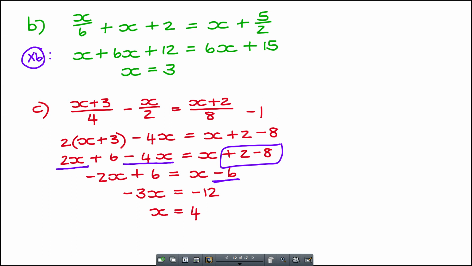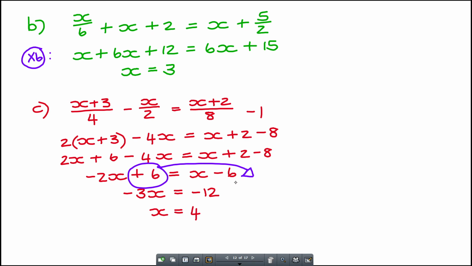Okay, then from there, I took unknowns to the left, so this one has got to move over. So it's going to become minus x. And so minus 2x minus another x gave me minus 3x. Okay. Then this 6 has got to move over, so that will become minus 6.